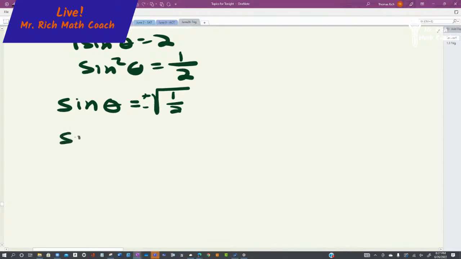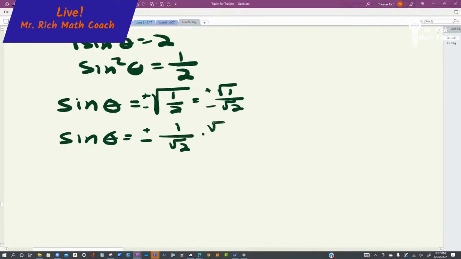Well, let's go a little bit further. That would mean that this is plus or minus 1 over the square root of 2, because don't forget, this would be the square root of 1 over the square root of 2, plus or minus, which is plus or minus 1 over the square root of 2.